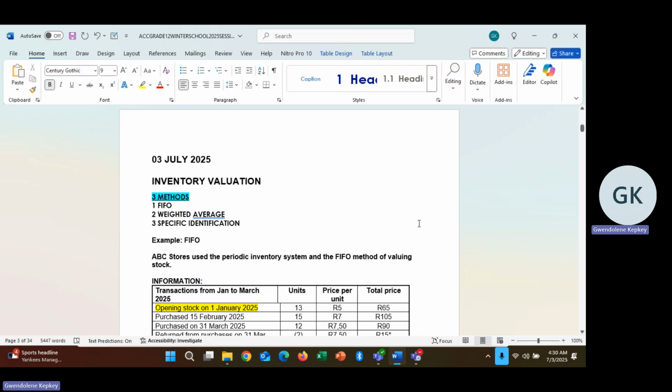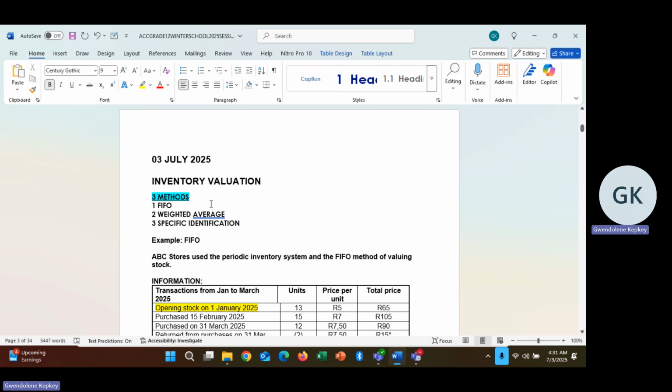So we want to value our inventory that we have left. Once we have applied either the periodic or the perpetual inventory system in the calculation and the writing up of our cost of sales, we're now at the end of the financial year, and now we need to value the stock that we have left.